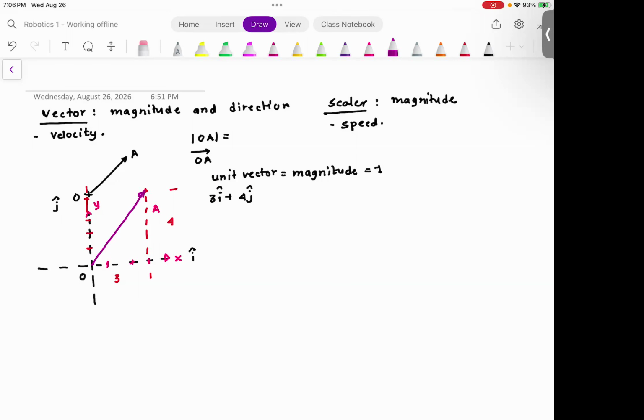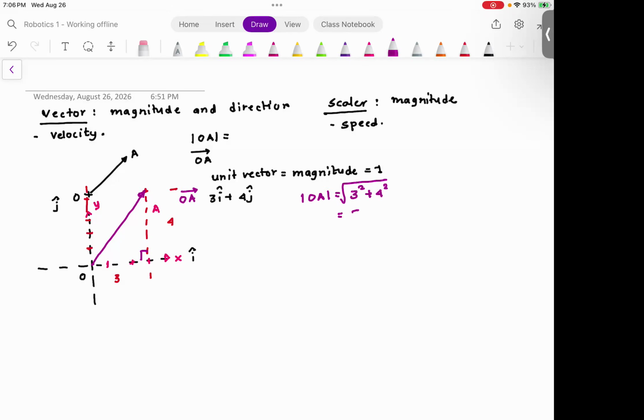Now, please notice that this is a right angle triangle. So the magnitude of this vector, I'm going to call this OA, is given as the square root of 3 squared plus 4 squared.